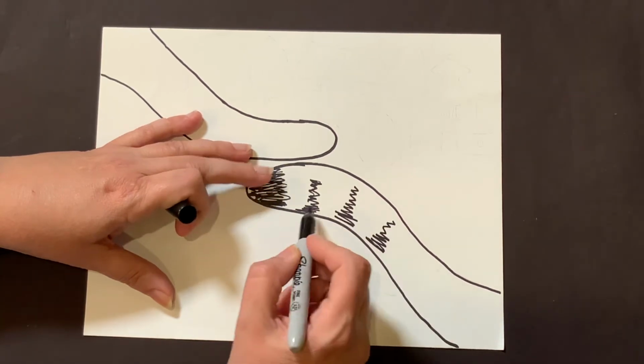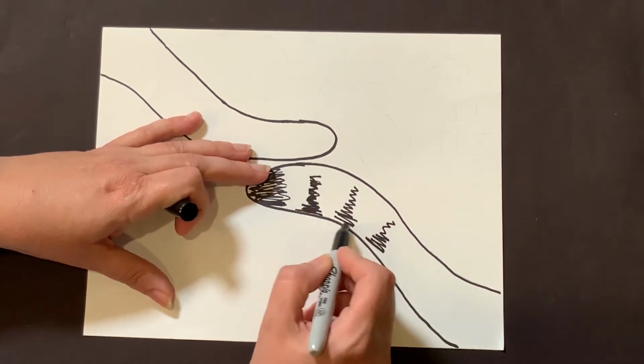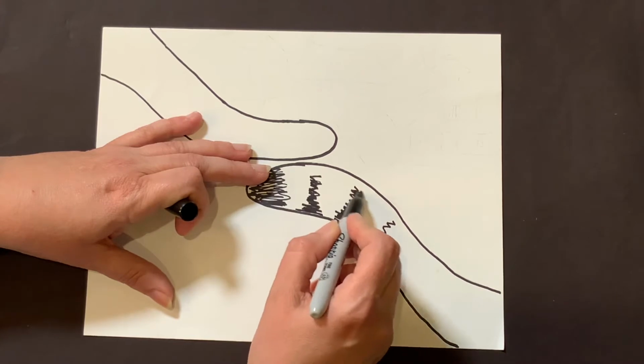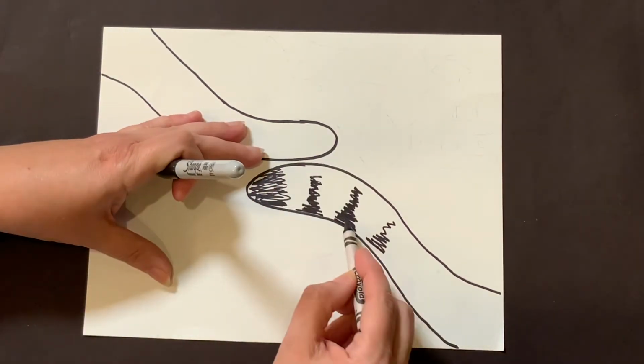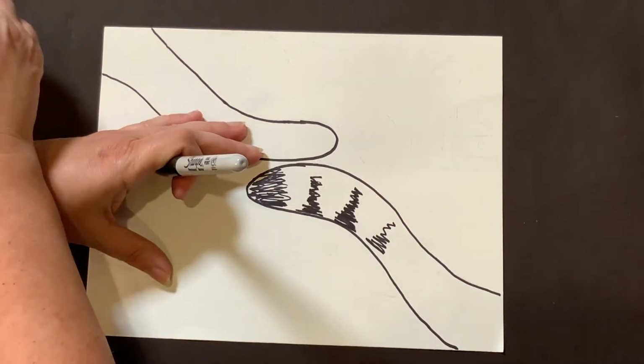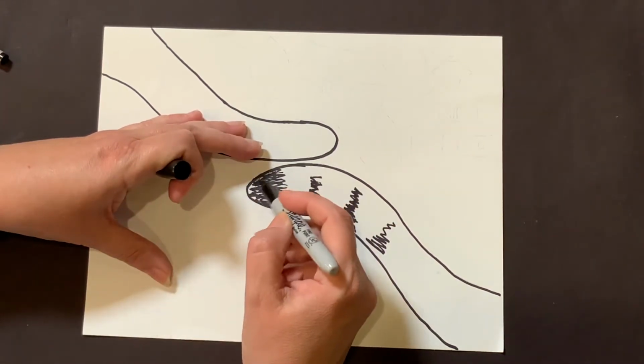And I'm going to be blacking these out. I'll black them out some more as we keep going. So you could do that with your black crayon, okay? And when I'm coloring, I'm going to come back and color over that. And I'll come back and color over this too.